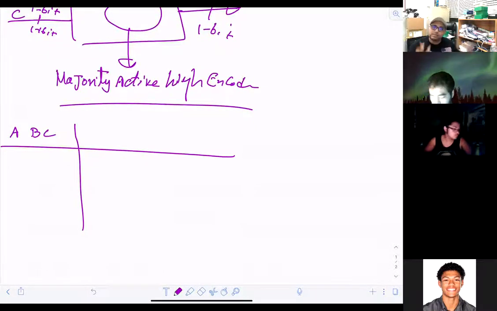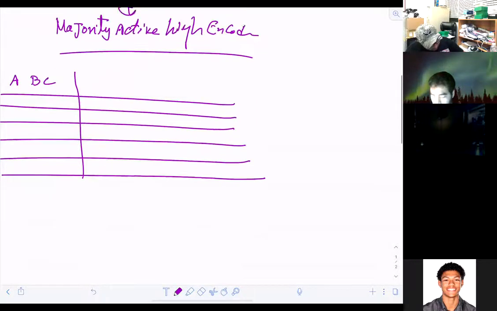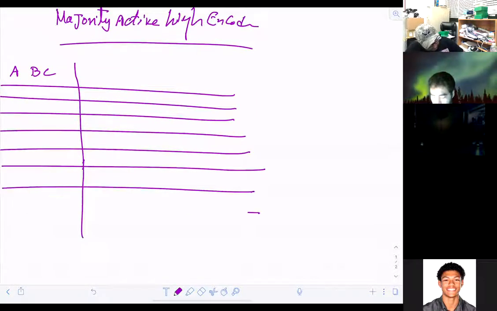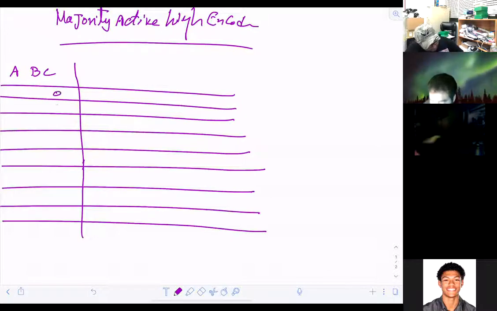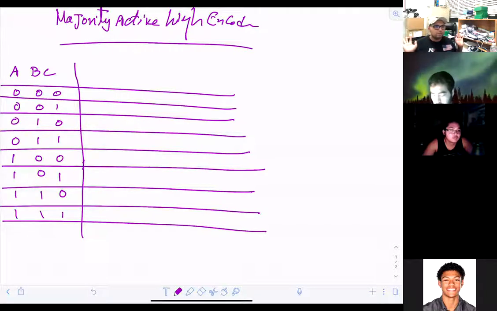So that means how many states do we have? 8 states. 1, 2, 3, 4, 5, 6, 7, 8. The columns are 0, 1, 0, 1, 0, 1, 0, 1 for C, 0, 0, 1, 1, 0, 0, 1, 1 for B, and 0, 0, 0, 0, 1, 1, 1, 1 for A. Sounds good?